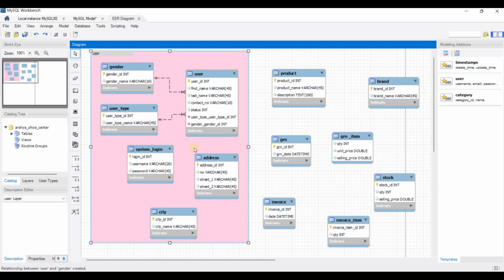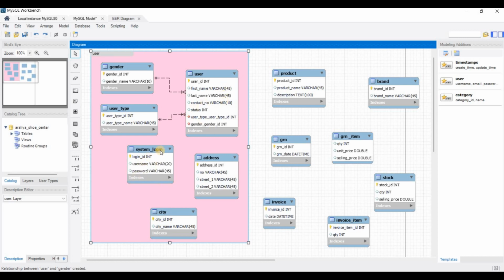Only some particular users, like employees, like owners, only have the system accounts in the software. So not every user has an account in the software. Customers, they don't have an account in the software, and suppliers, they don't have an account in the software, so they don't have system login. But some users like employees, they have a system login.